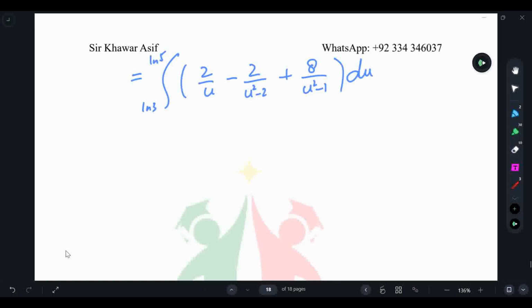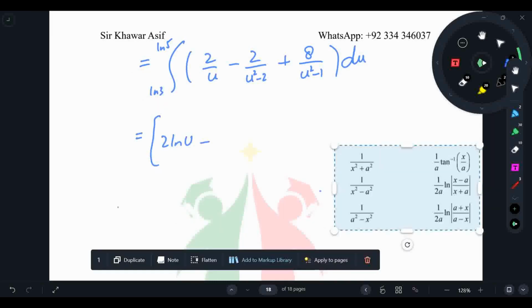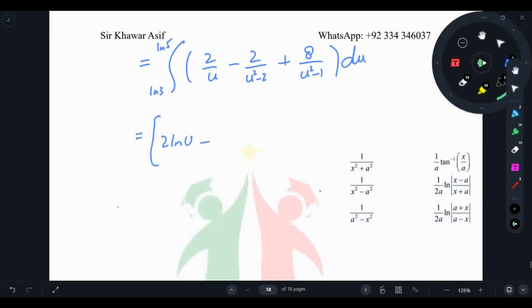For the first one, we can directly integrate, so this will be 2 natural log of u minus... now how can we integrate this one? We can integrate it using these formulas.